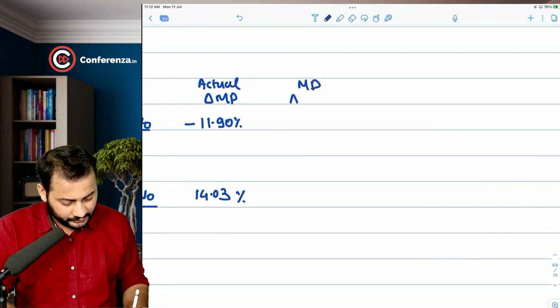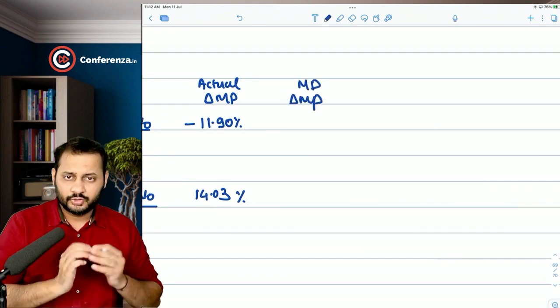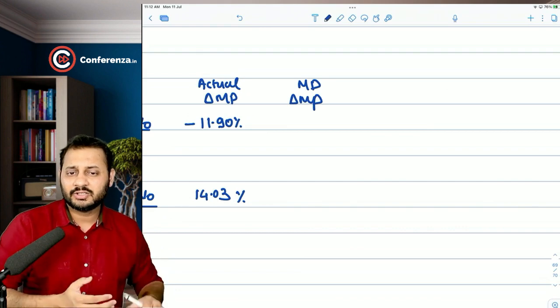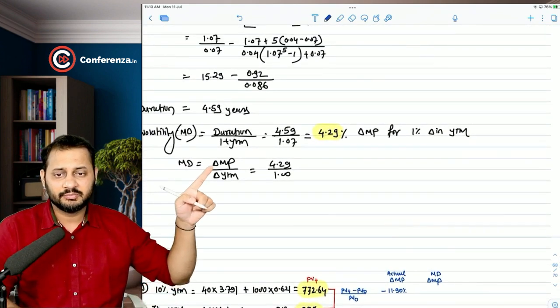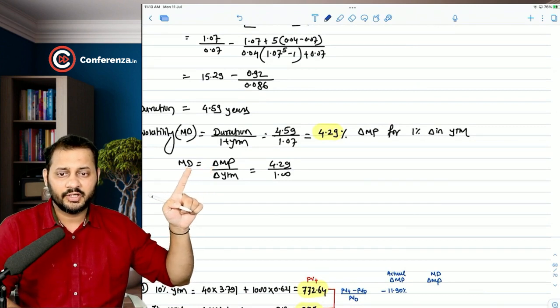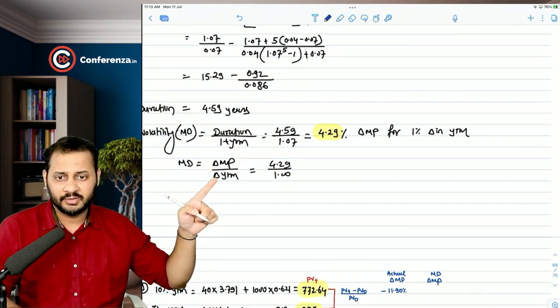So modified duration, change in market price. What will be the change in market price according to the concept of modified duration? It's very simple. Change in market price will be modified duration multiplied by change in YTM. The YTM has increased and decreased by 3%.